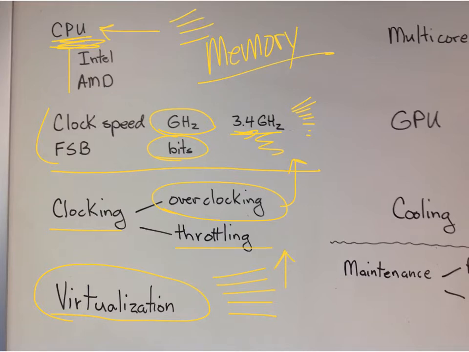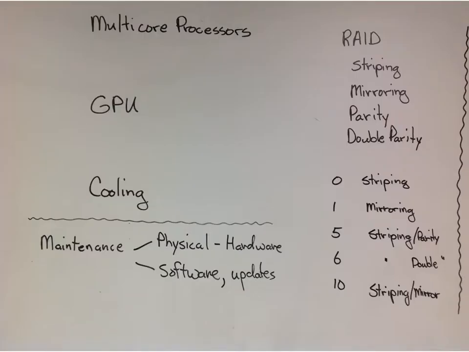This is done a lot in data centers, where people can purchase compute time. So, dealing with the processors, we talked about multi-core, graphic, and how to cool them. Alright, the software, in order to take advantage of that, the software has to be designed to take advantage of that.